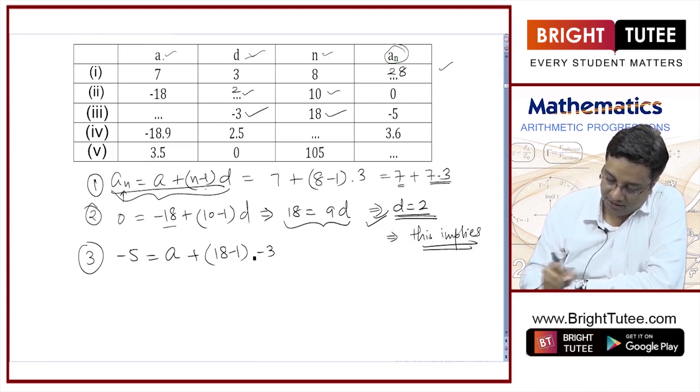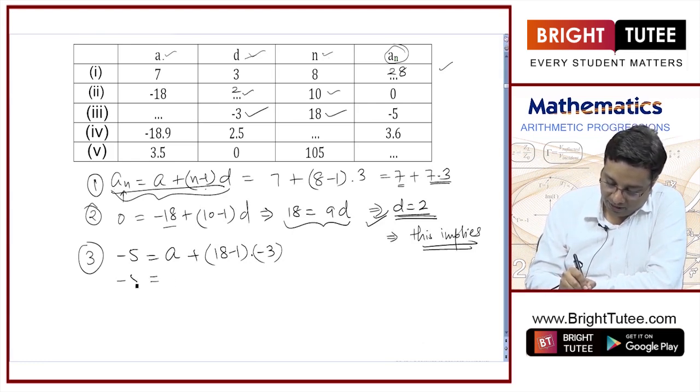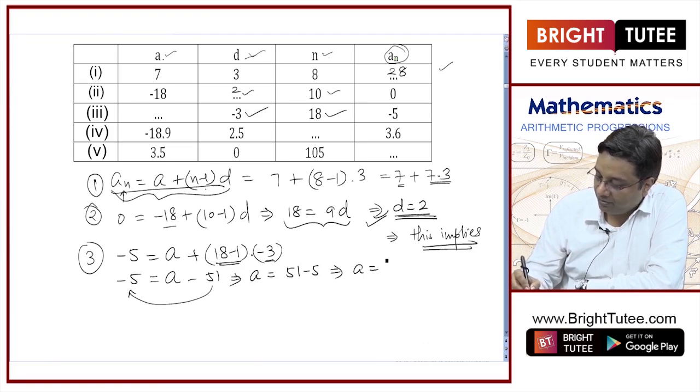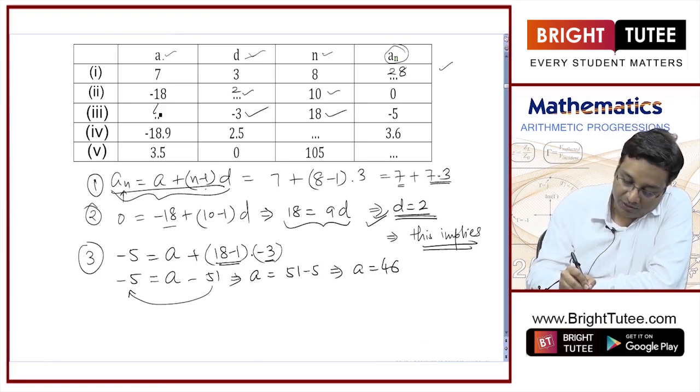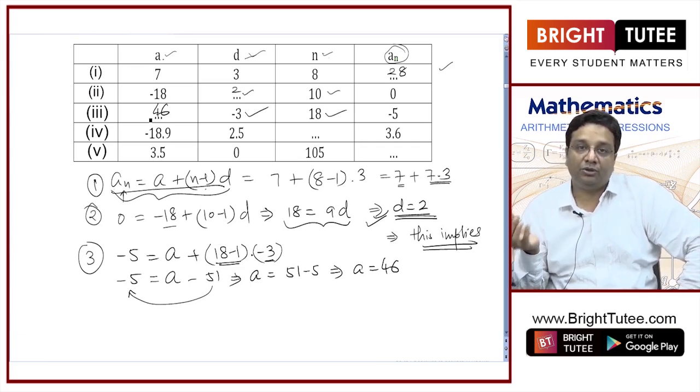This is in product form. So minus 5 is equal to A, this will become 17, and 17 into minus 3 is minus 51. So A will become 51 minus 5, which is equal to 46. So we will put 46 in this blank. I hope that this question is clear to you now.